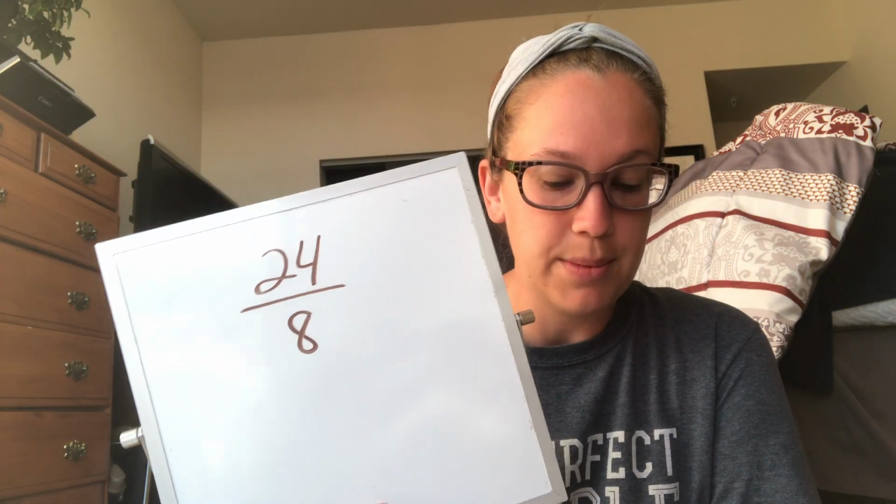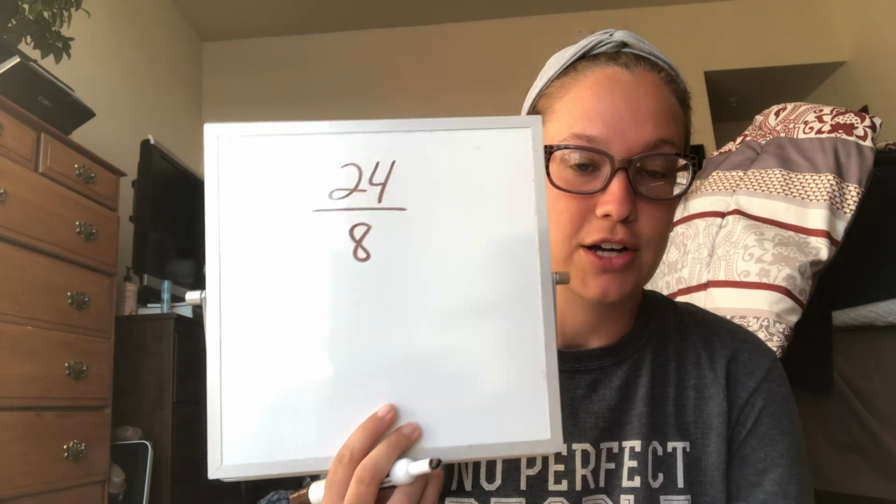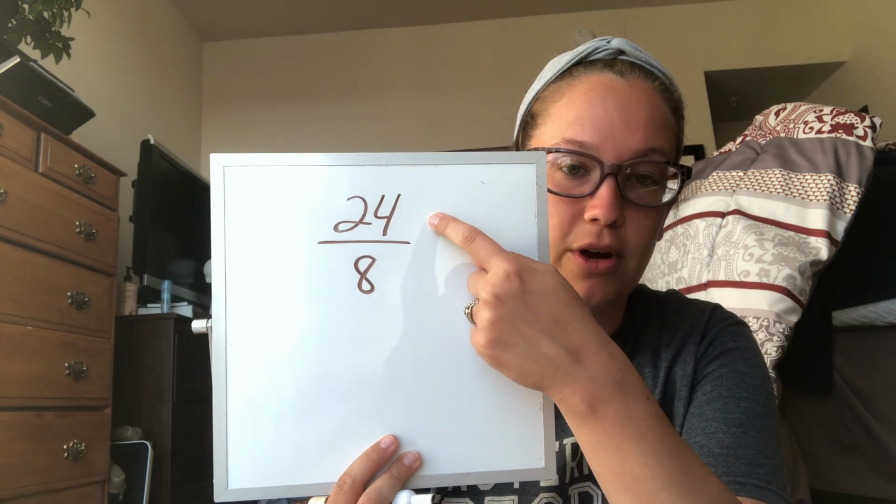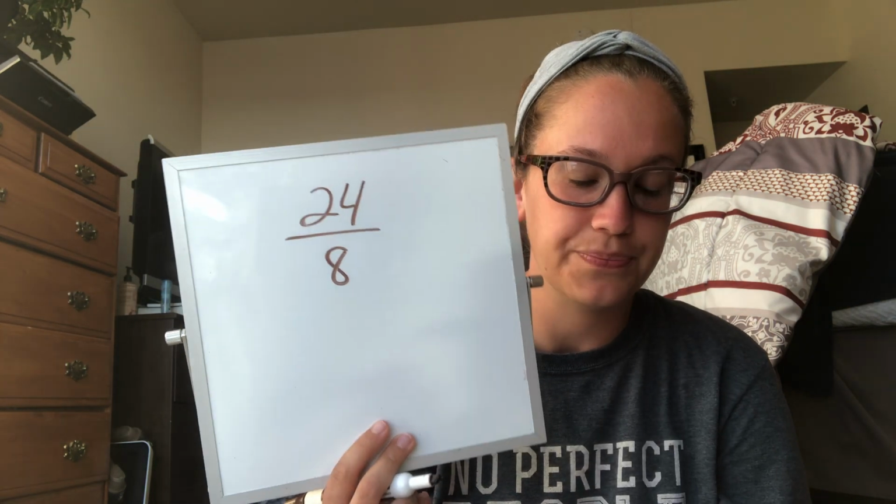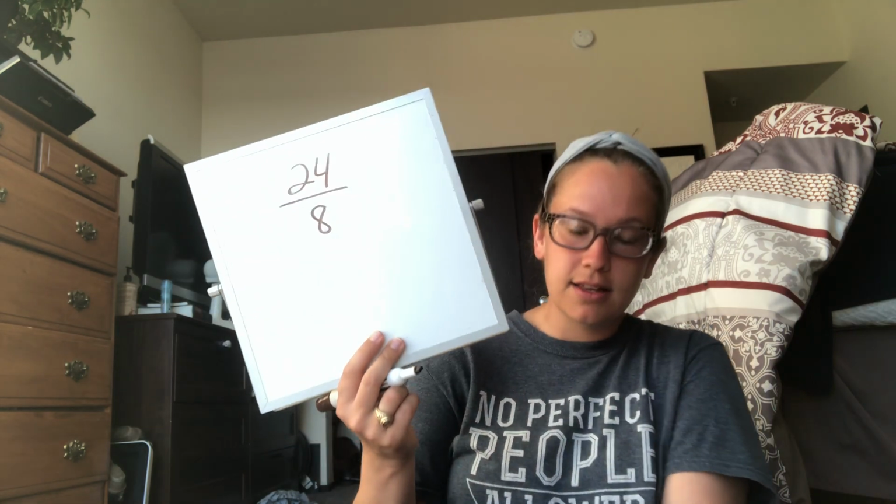So if you have your review, this is number 4, changing improper fractions to mixed numbers. So let's do A together. Your fraction is 24/8. Remember, if we're changing an improper fraction, meaning our numerator is larger than our denominator, we're going to need to divide.